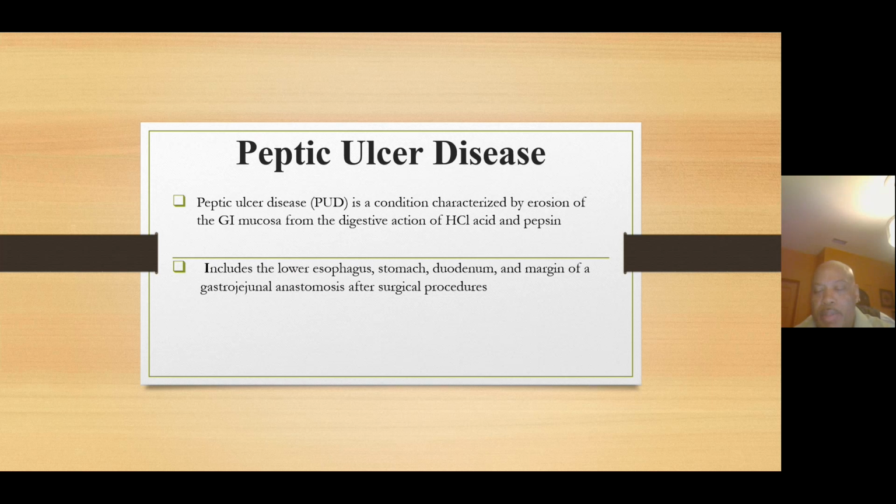So sometimes, let's say if the patient has Crohn's disease, that might impact the jejunum, which is the small intestine that comes after the duodenum. Sometimes you may have to remove the duodenum and attach the stomach, gastro, to the jejunal small intestine, which is the anastomosis. And of course, sometimes peptic ulcer disease can involve that particular area.